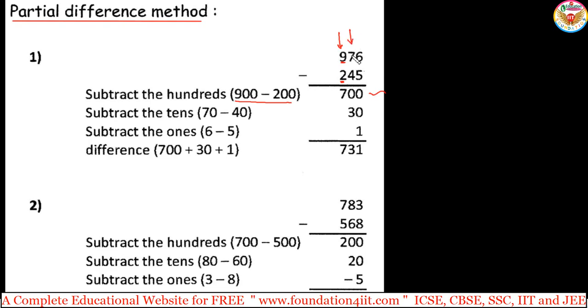Next the tens place, 7 and 4, so 70 minus 40 is 30. Next the units place, 6 and 5, so 6 minus 5 is 1. By adding all this, 700 plus 30 plus 1, we get 731. This is the partial difference method.